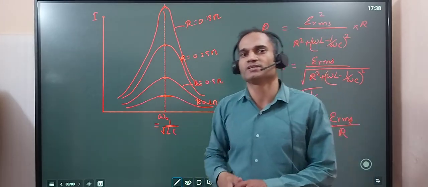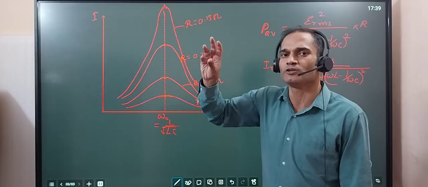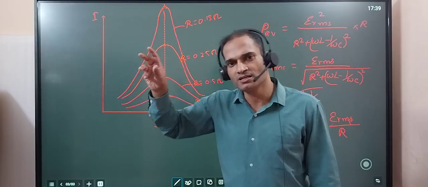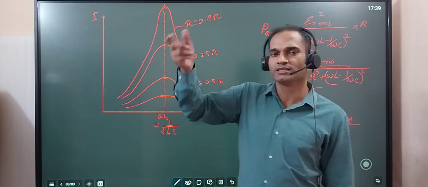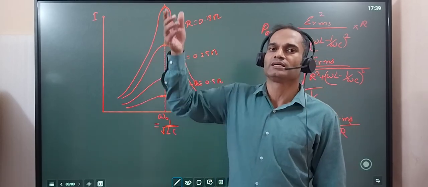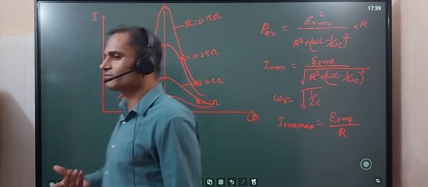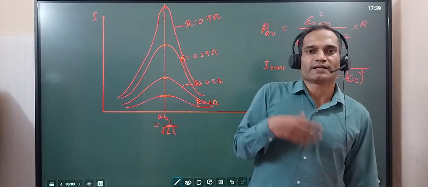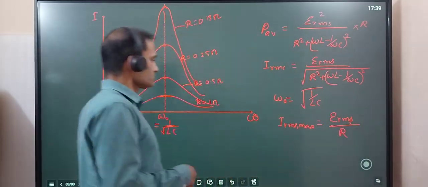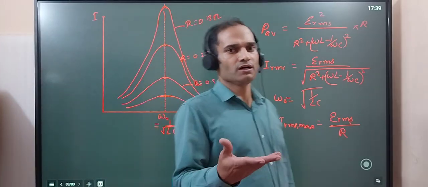Slight change in frequency, at a particular frequency we are going to get maximum value of current. If you increase the frequency, current will be reduced sharply. If you decrease the frequency, current will decrease sharply, and that is what we want. We want a clear signal at a particular frequency, and that will define the quality of the signal.